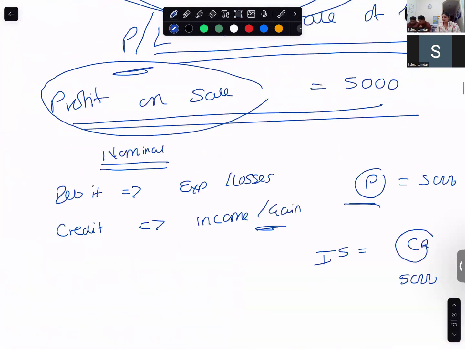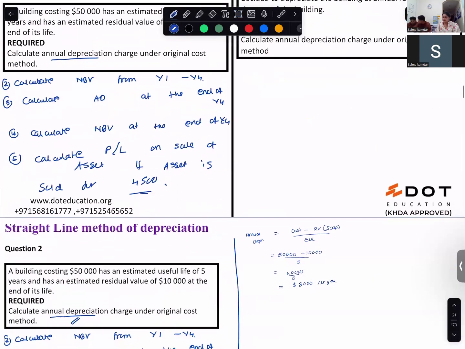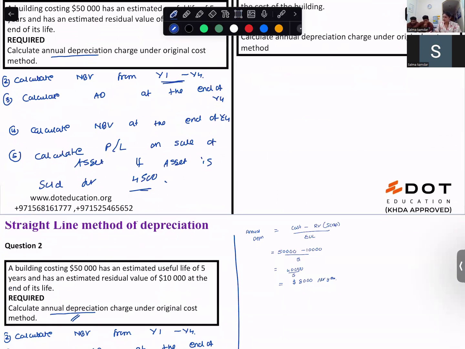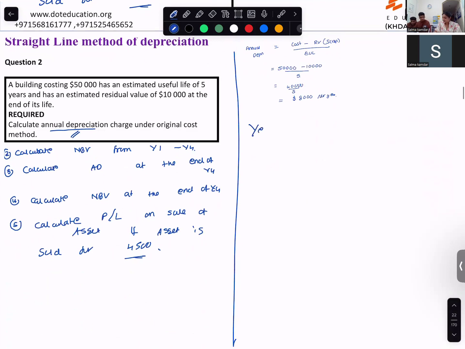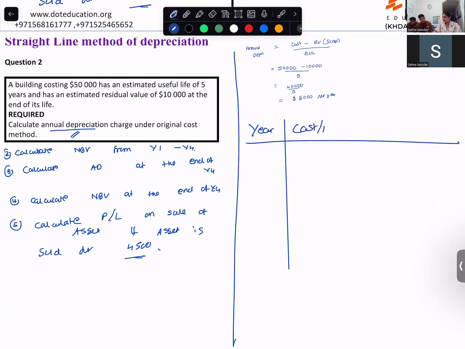Now I will go to the table where I need to find out net book value from year 1 to year 4. So what will I put? I will put year, then cost or net book value, depreciation, and then net book value.